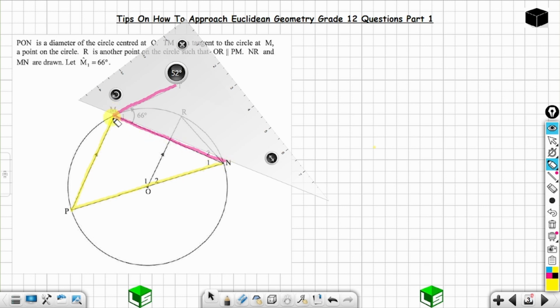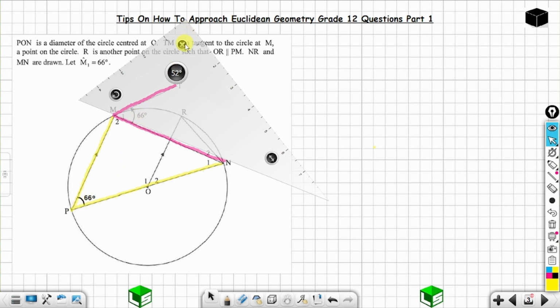From M, you have this chord. From N, you have this chord. You check that they meet at the circumference. Now, the angle between them is equal to 66 degrees. It is equal to this.